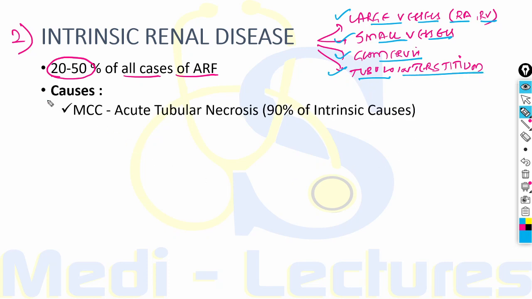Now, when we come to the individual causes, the most common cause of intrinsic renal disease is acute tubular necrosis, which is responsible for 90% of all intrinsic causes.